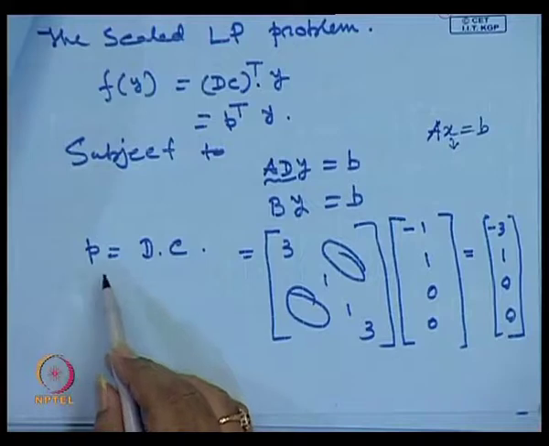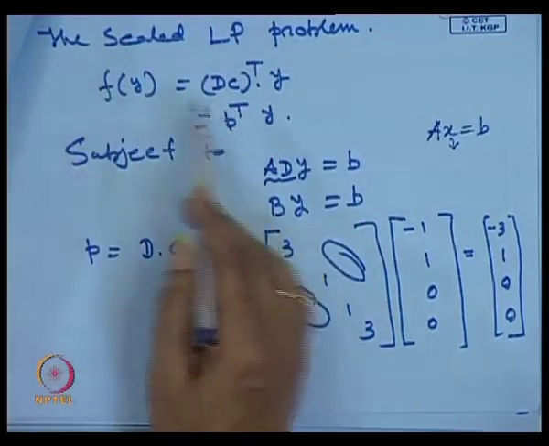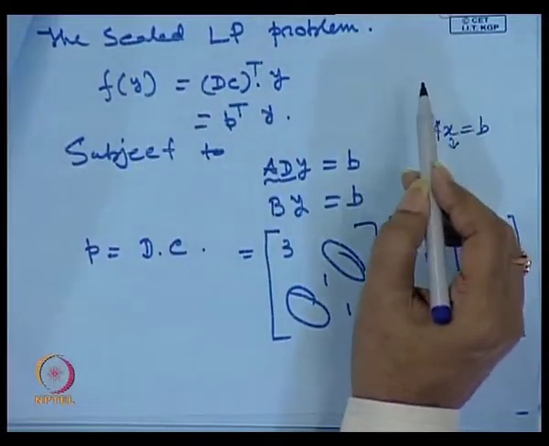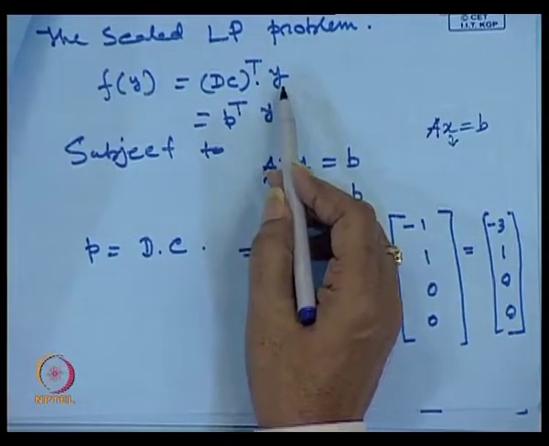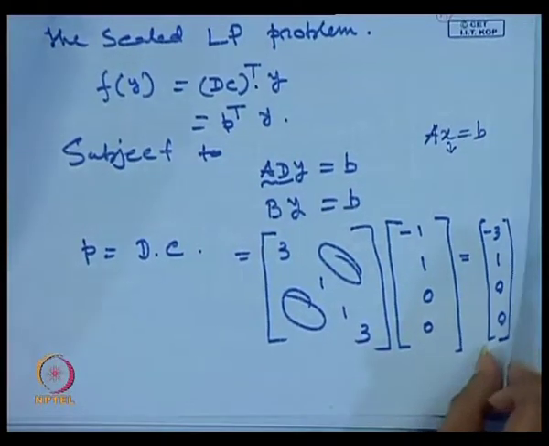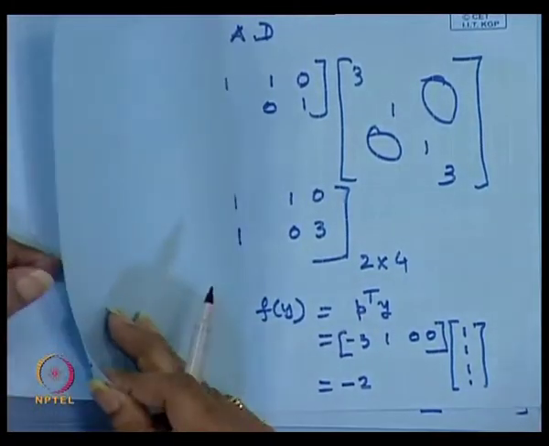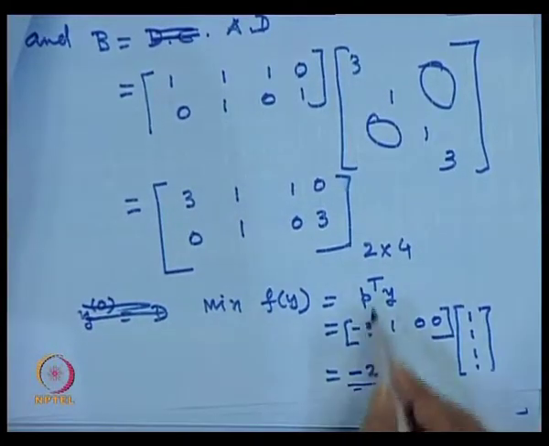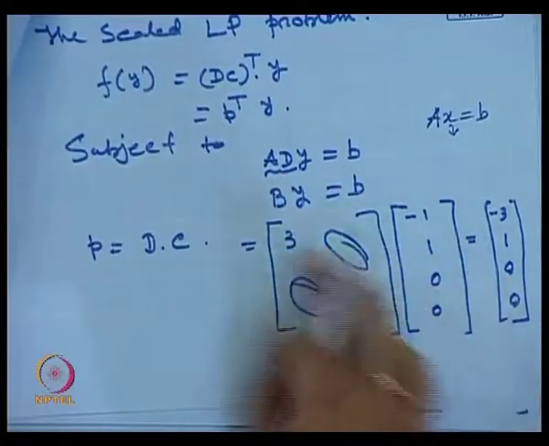So, if you consider that in the scaled LP problem, the value of the function at that new initial interior point will once again be 2. We have seen P transpose y is 2, and if you see, AD is nothing but B.